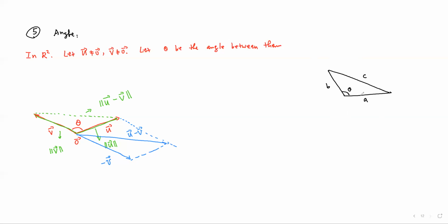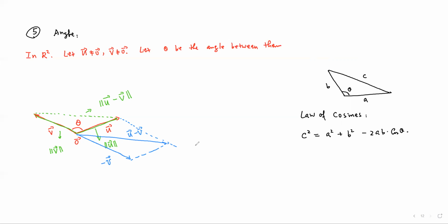Let me call it C. We have a formula, the law of cosine. It says that C squared is A squared plus B squared minus 2AB times cosine theta.